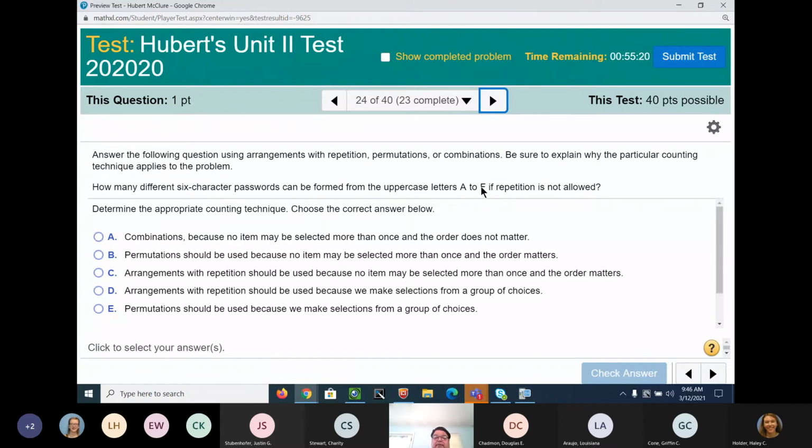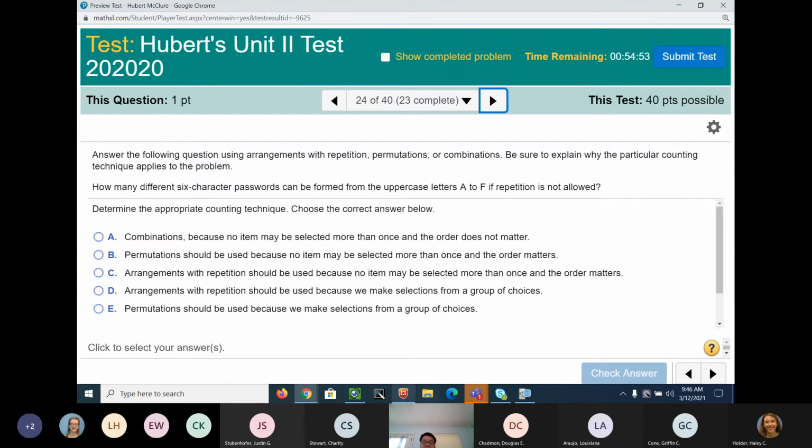So A to F. What would we do here? Well, how many do you have? 6 characters. I'm just going to draw this out because we have to think this through. You have 6 characters: 1, 2, 3, 4, 5, 6.